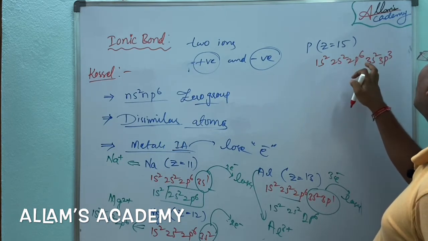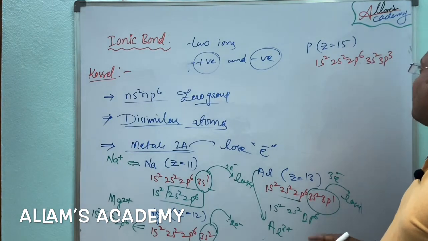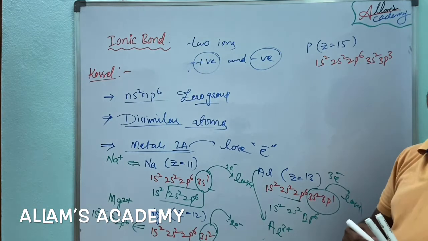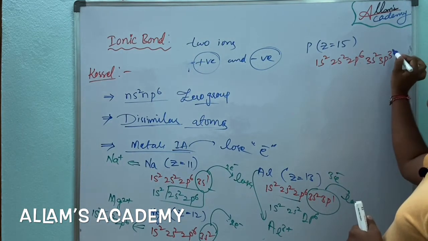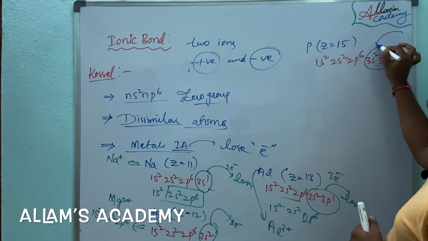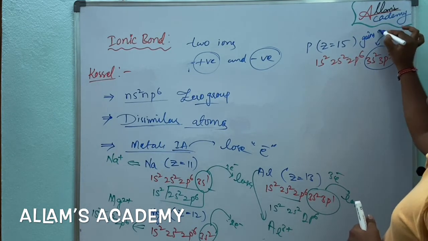To get the stable electronic configuration, the octet configuration, it gains 3 electrons.